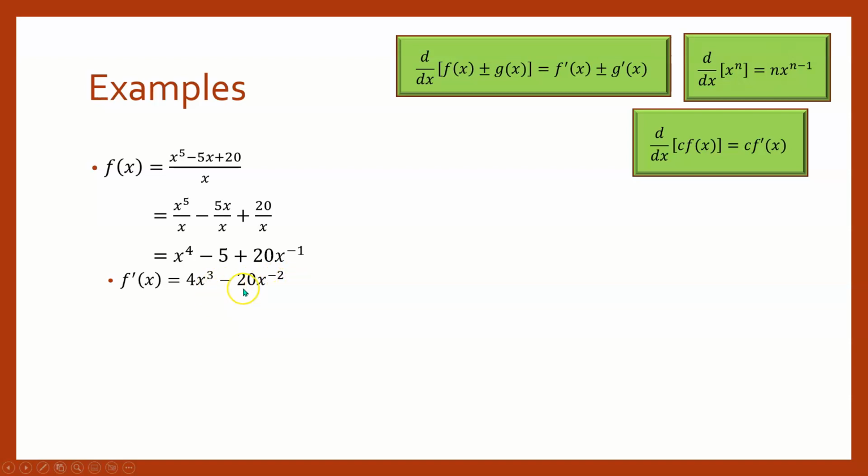So that's why it's a minus 20 times x to the minus 2. Or we could also write this as 4x cubed minus 20 over x to the 2 power. So there's the derivative.